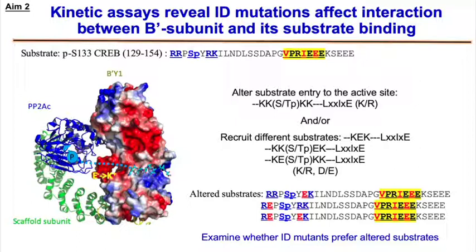In Aim 1 of the study, the idea is whether the ID mutation can cause increased decommissioning of the holoenzyme. One step of decommissioning is PME1-mediated demethylation of the holoenzyme. For the full-length, since B prime delta has a C-terminal extension, that might provide an autoinhibition domain.